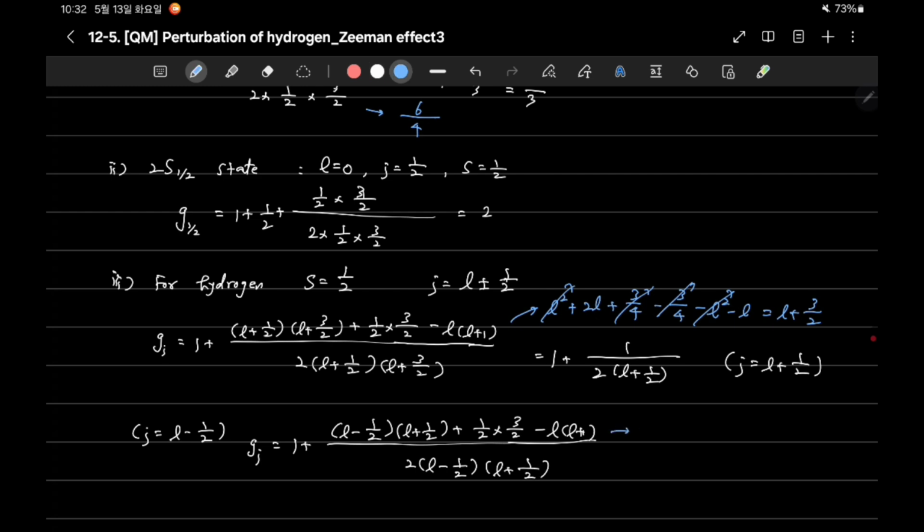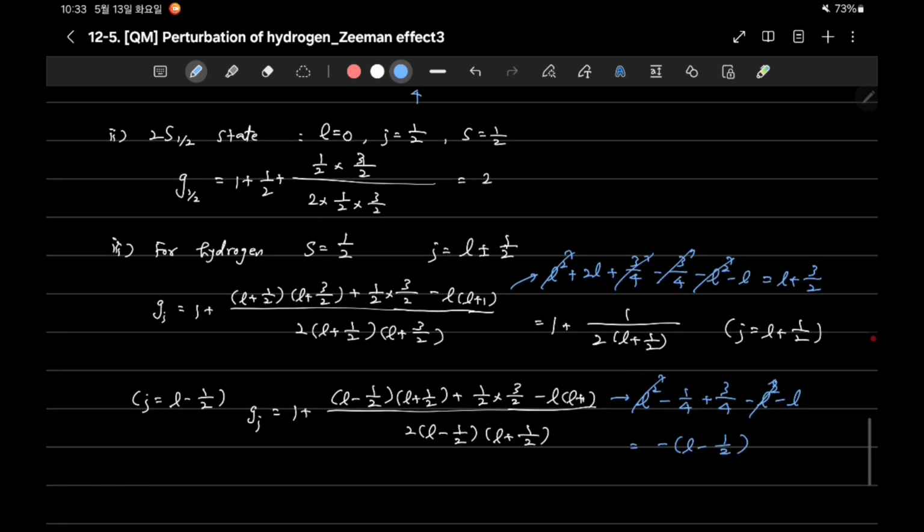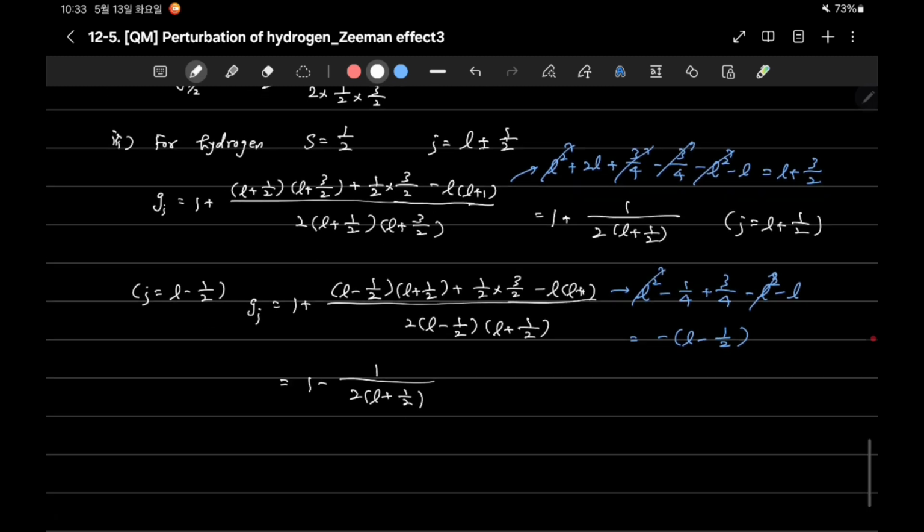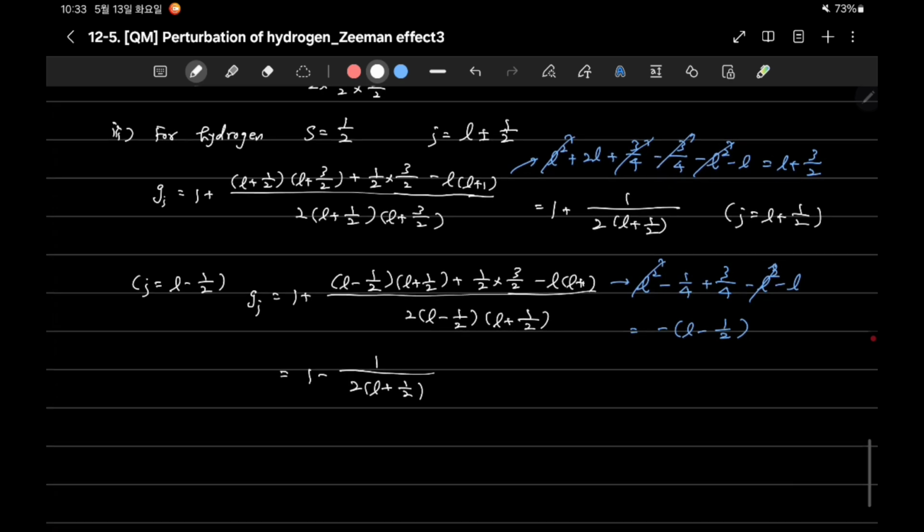So in the numerator, we have L² − 1/4 + 3/4 − L² − L. The L² cancels, and also L minus 1/2 cancels with each other. So it is 1 minus 1 over 2L + 1.